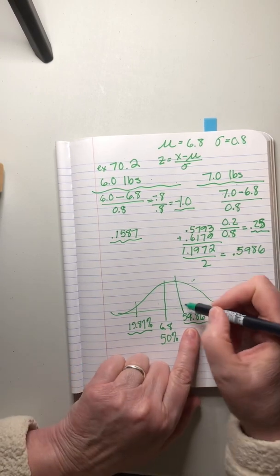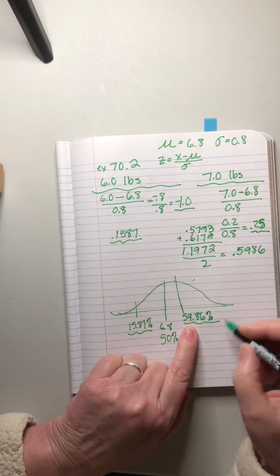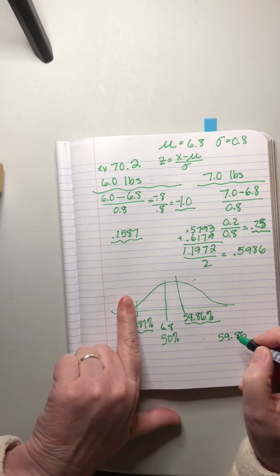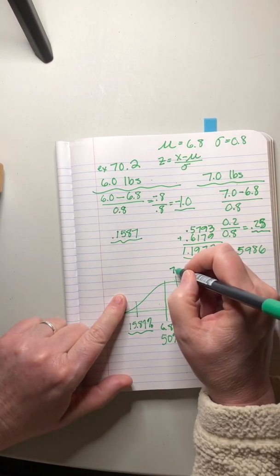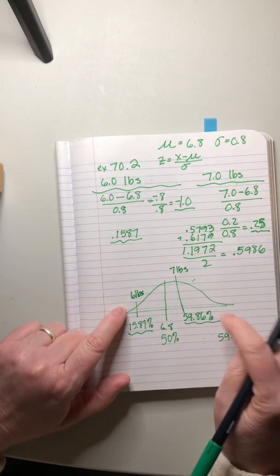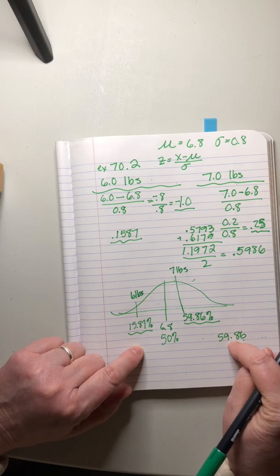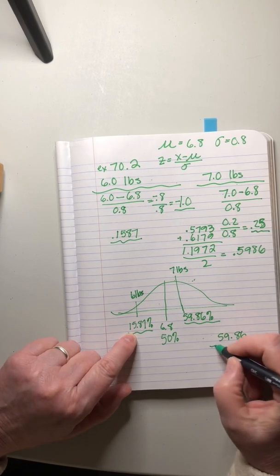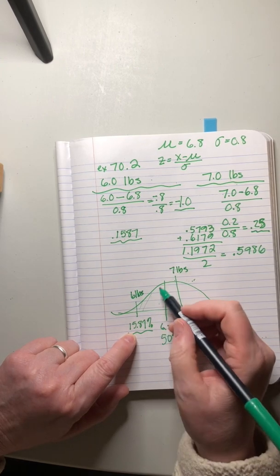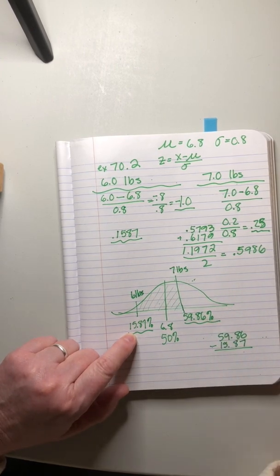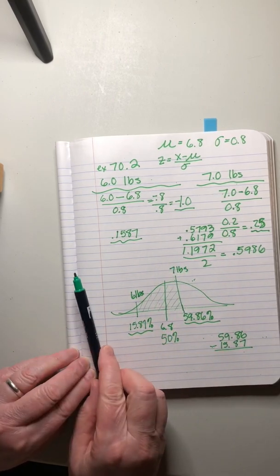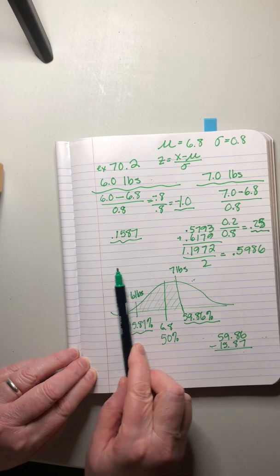Okay, well, the 7-pounders represent 59.86, and then it stops here, right? This is 7 pounds. This is 6 pounds. So what we can logic out is that we need to subtract 59.86 minus 15.87, and that will tell us how many fall in here. That's the logic. This 59% represents everything. 15% represents those.